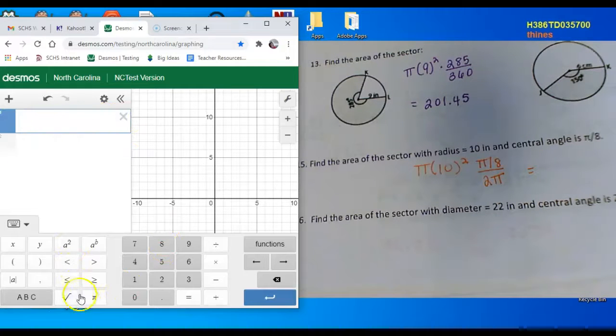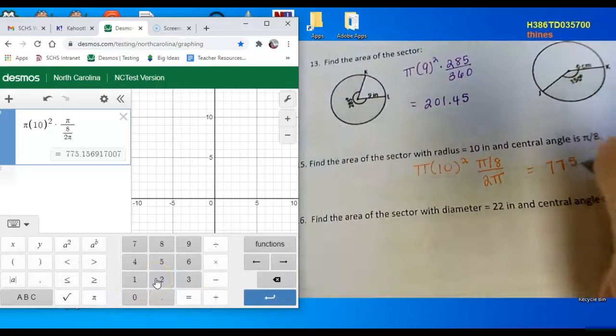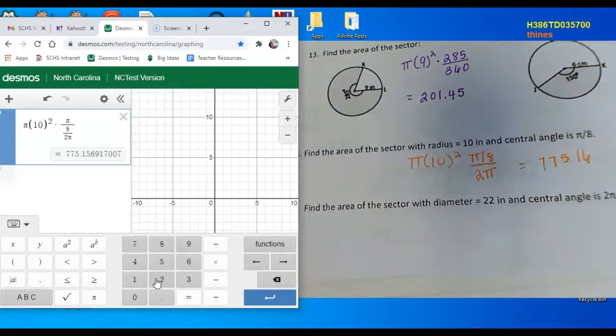I'm so thankful that we have Desmos so that we can see what we're putting in. Times pi over 8, and then divided by 2, and then another pi. So we get 775.16.